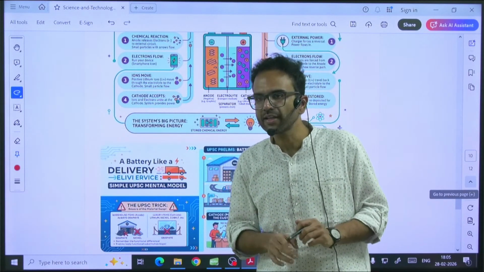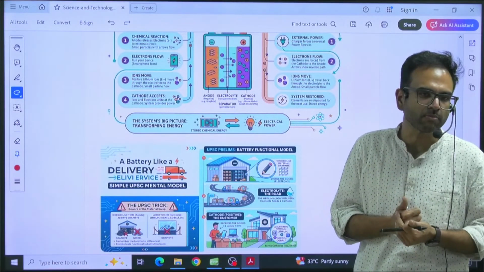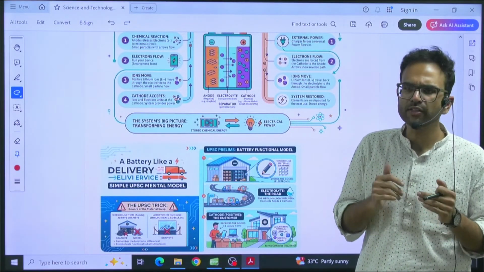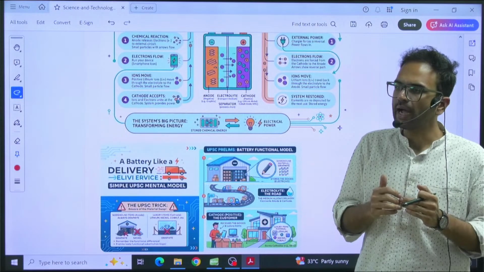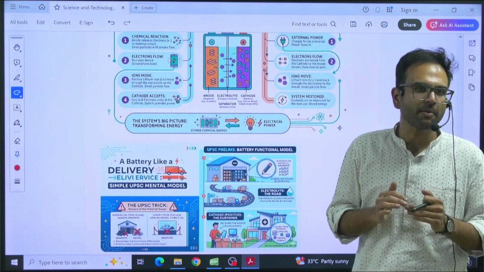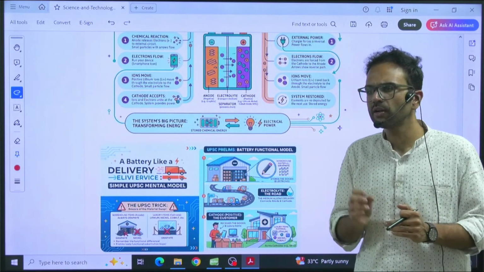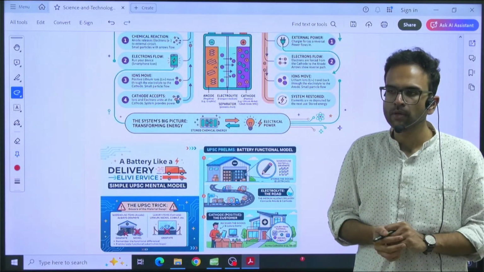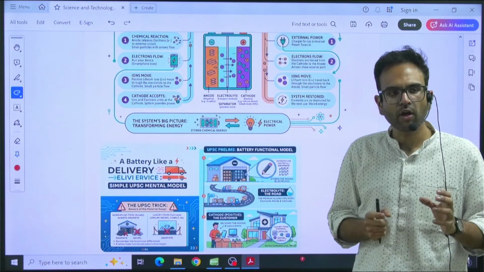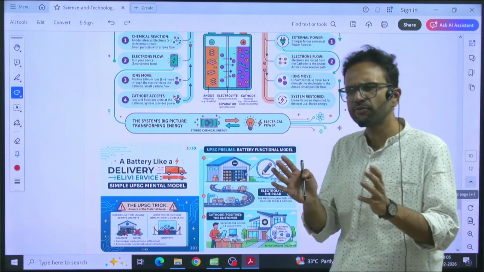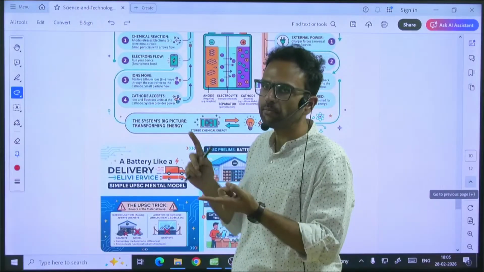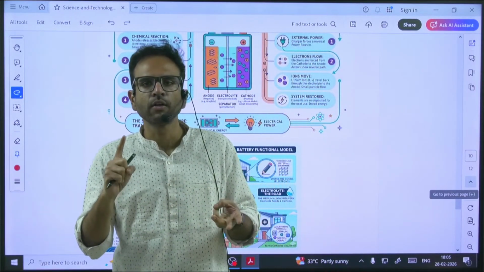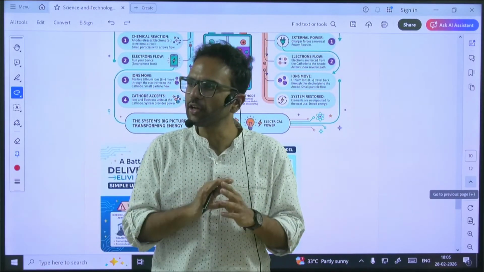In the present context, why are we discussing this battery system? You already know energy storage is a huge problem. And whatever battery technology we are depending on today is based on lithium ion. We don't have that. Continuously, you will be dependent on a lot of critical minerals, namely lithium and cobalt, which are required for the functioning of this.